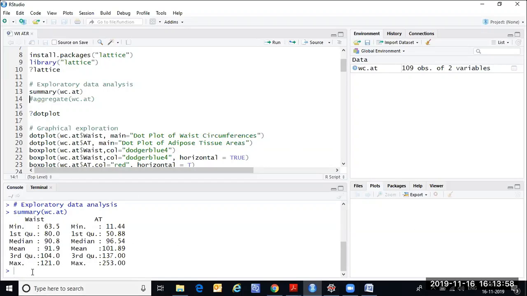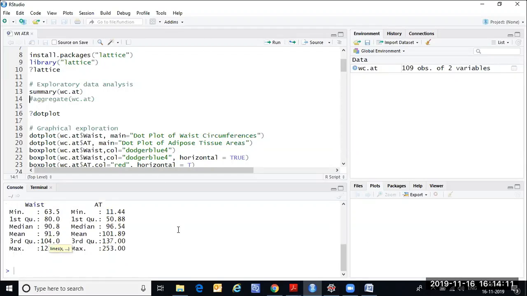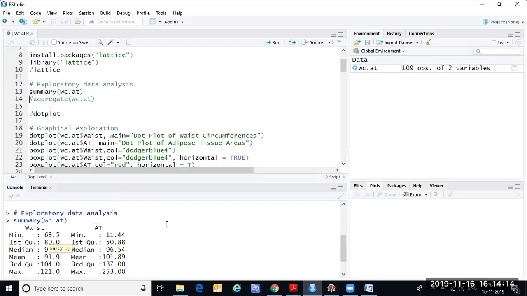What is the minimum value? What is the maximum value? Adipose tissue. What do you think about this data based on this basic stats information? To be able to find out any insights? Any wild guess?